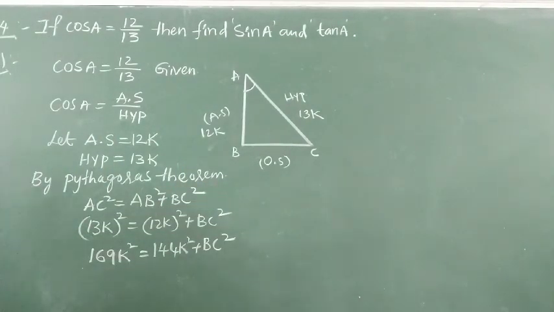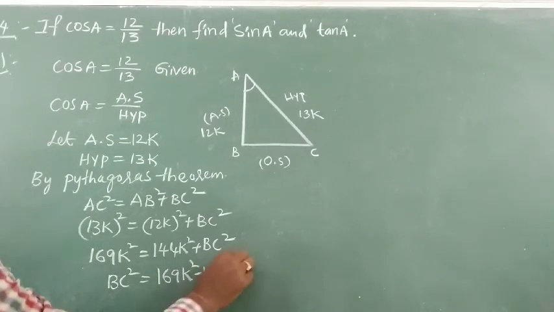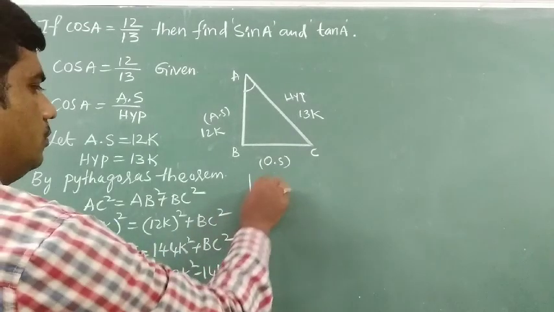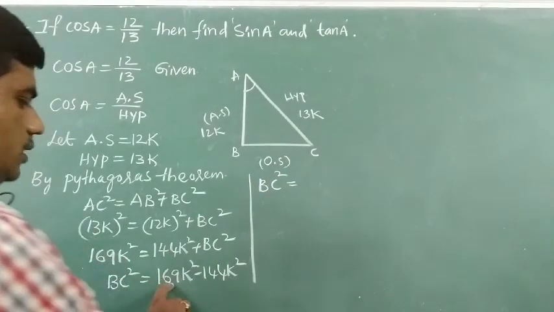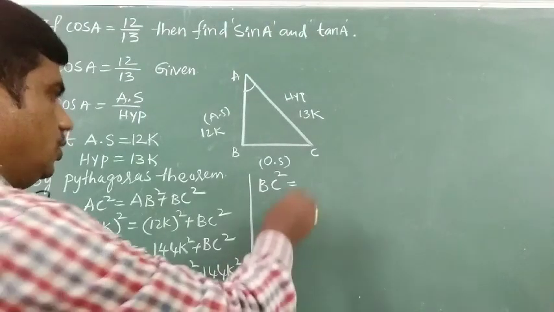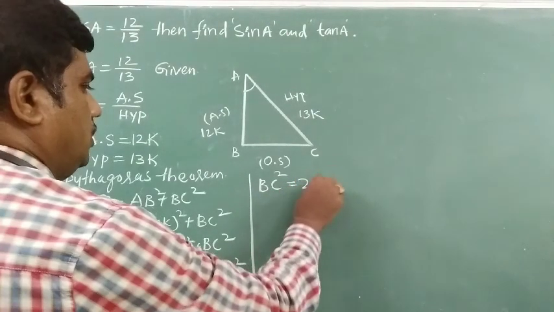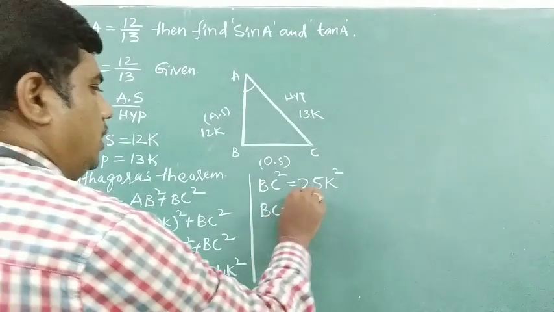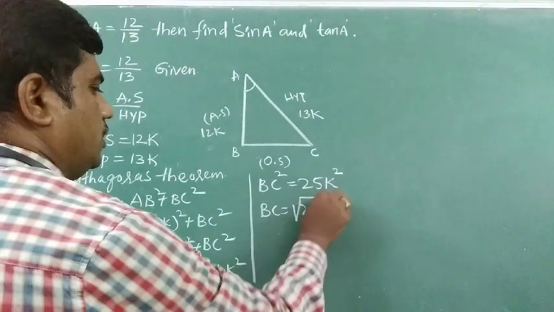Now BC square equals 169 k square minus 144 k square. So BC square equals 169 minus 144, which equals 25, so 25 k square. Then BC equals the root of 25 k square.